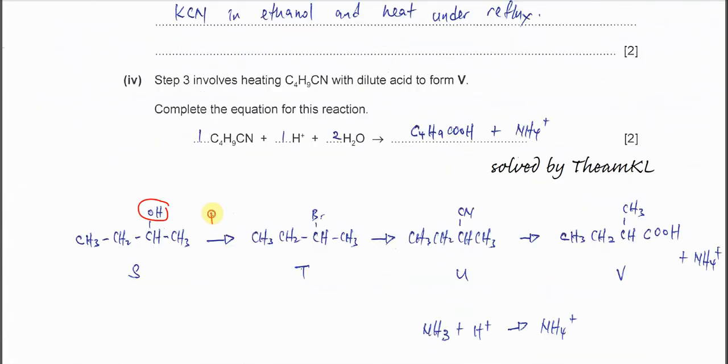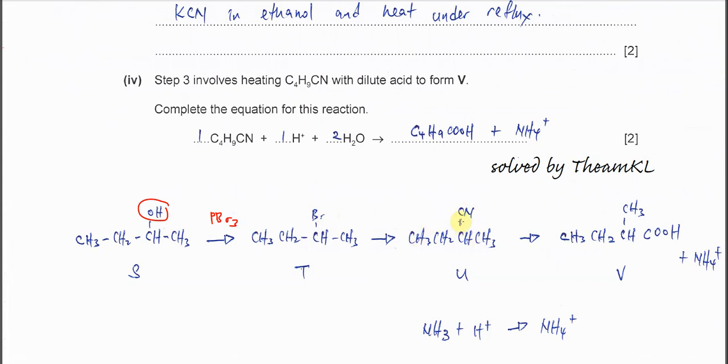So PBr3. The OH will be substituted by bromine, so it will form 2-bromobutane. After that, it will undergo step 2, and the bromine will be substituted by the cyanide and form nitrile.